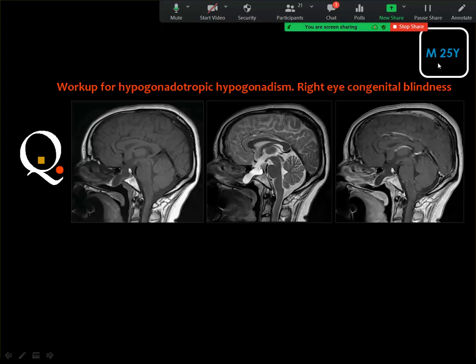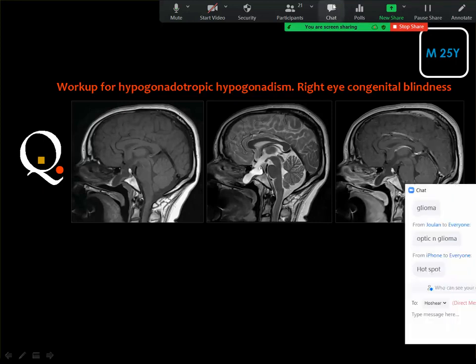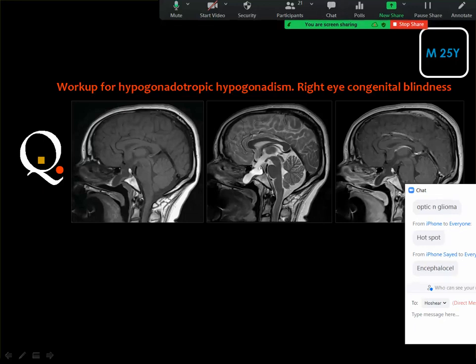This patient, 25 years old, with imaging for hypogonadotrophic hypogonadism and right eye congenital blindness. The images for the skull base, this is T1, T2, and T1 post contrast. And no, this is not the hot spot. Encephalocele, yes.